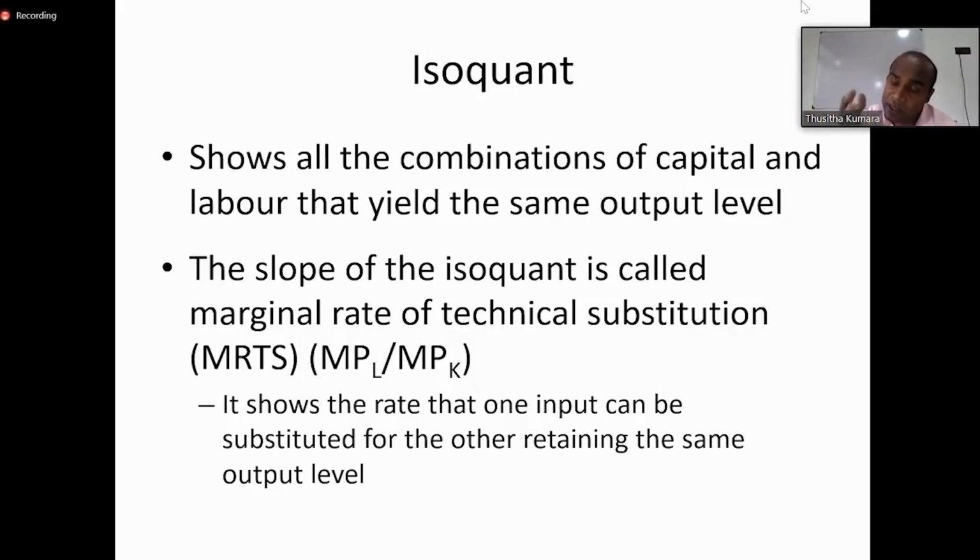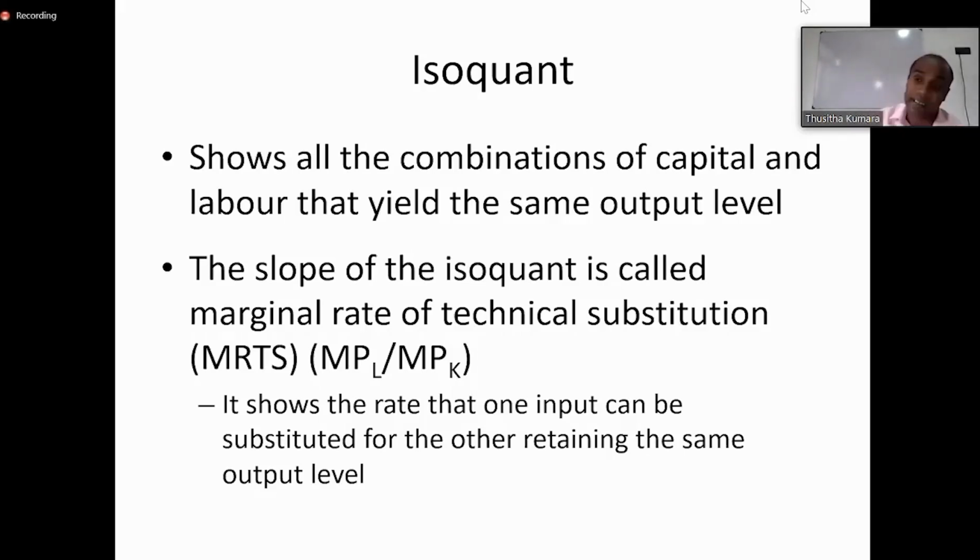Thereby, if we sacrifice the consumption of good X, then our utility will decrease. To get the same utility, you will have to have some amount of Y. This is known as MRS, marginal rate of substitution, which we did not discuss.